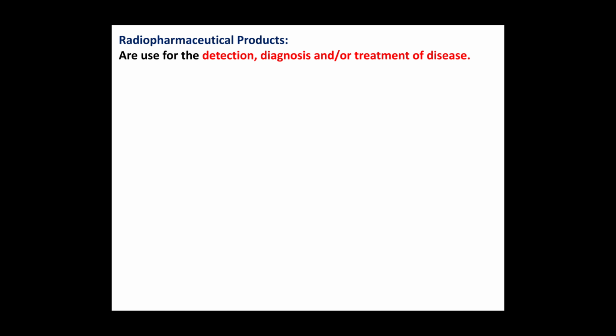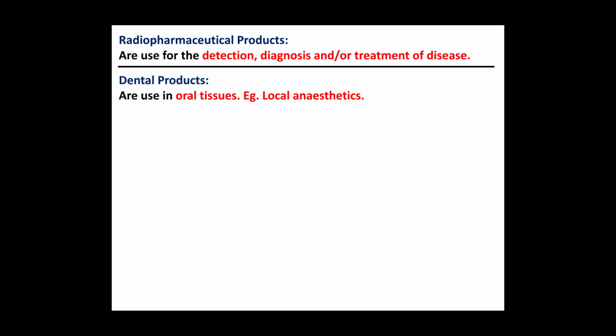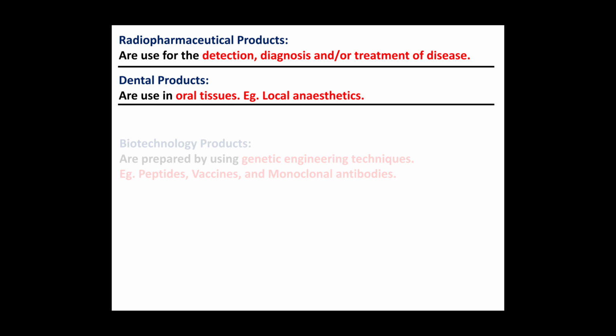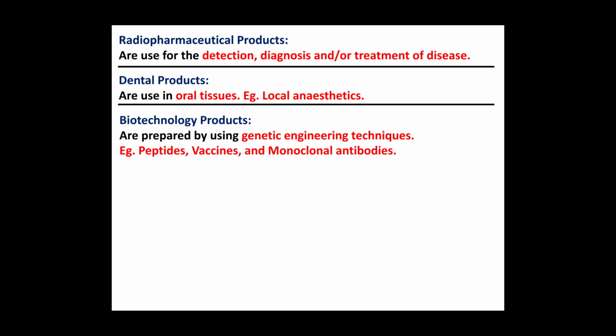The next class is radiopharmaceutical products. These are the products used for detection, diagnosis and treatment of disease. Dental products are used in oral tissue in dental surgery or any surgery in the oral cavity. Example is local anesthetic.